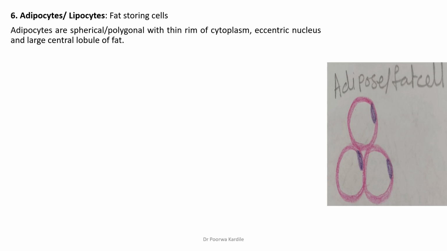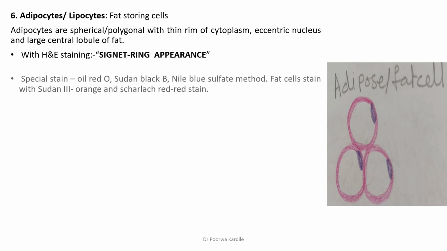That's why the nucleus is eccentric, as we can see in the diagram. In routine H&E staining, it gives a signet ring like appearance because the central lobule of fat is washed off by xylene, so the cell appears empty in the central part.